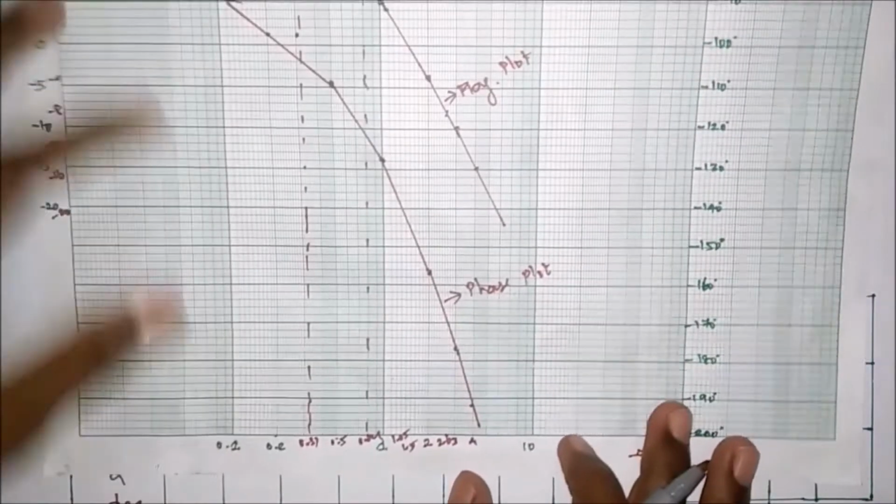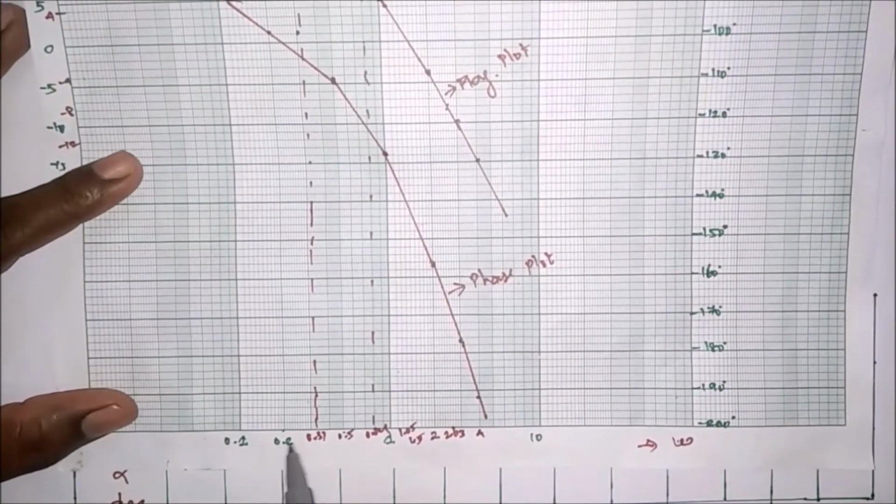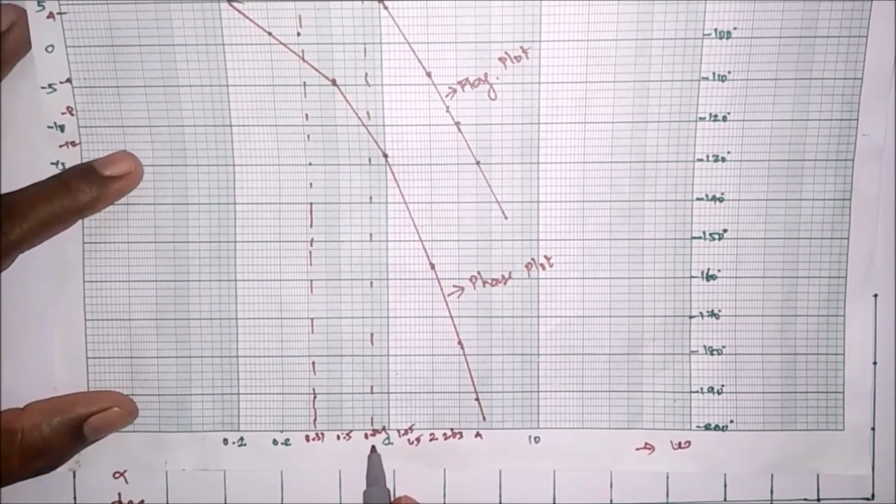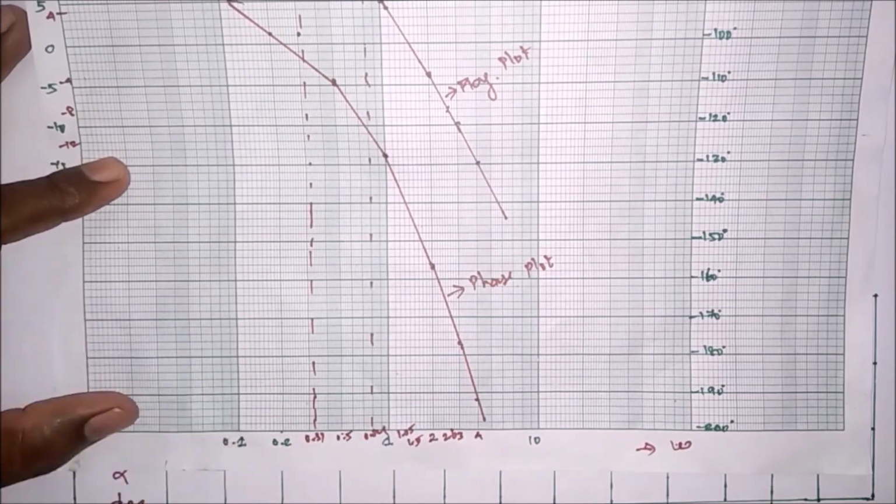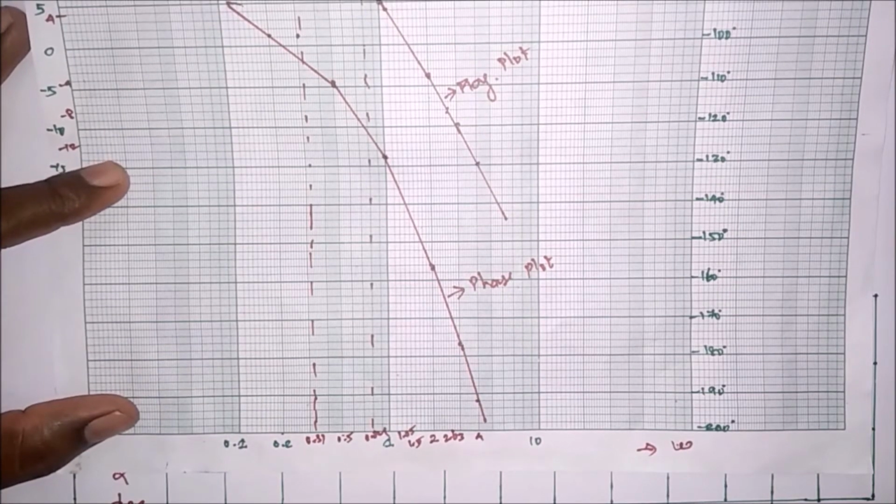So from the same graph, we found the various values of omega for magnitudes in gaps of 4.